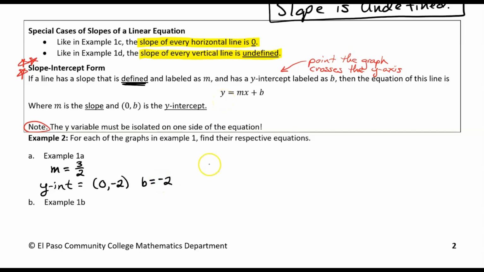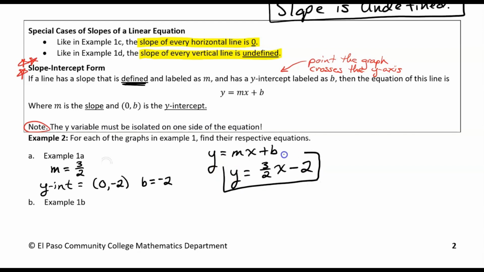So going with our form, y equals mx plus b, plug in the m, plug in the b, and we have y is equal to 3/2 x minus 2. Or you can say plus -2 if you like that version better. But that's our equation.